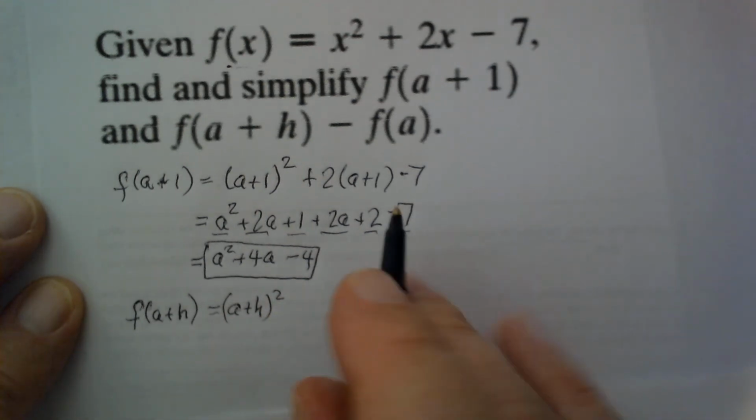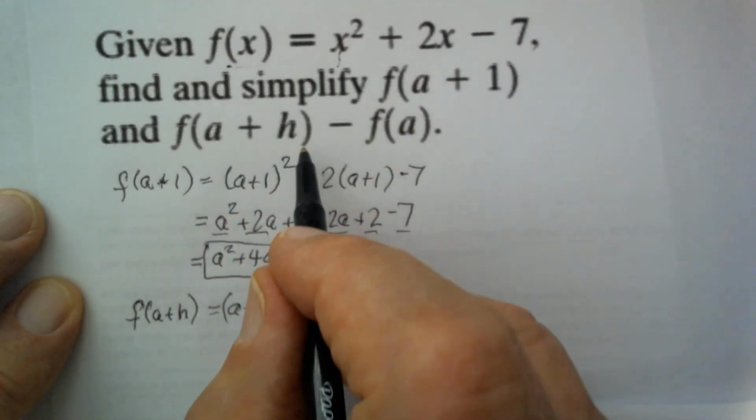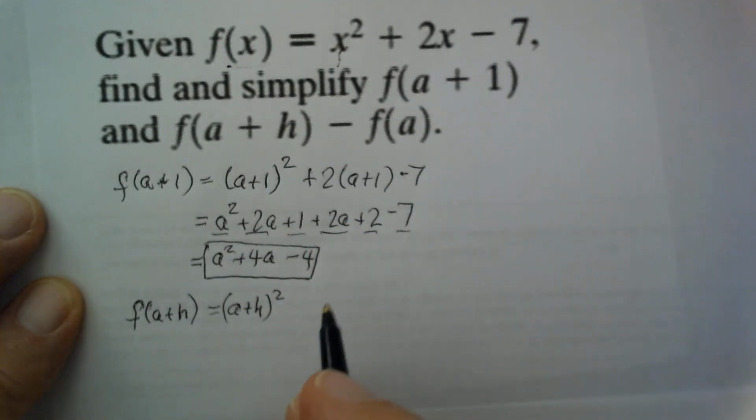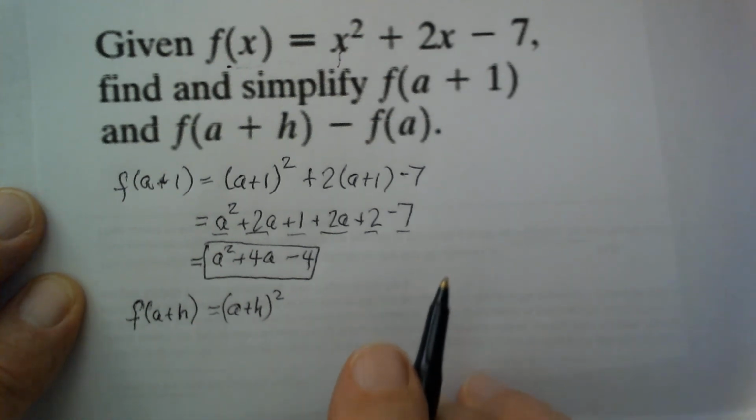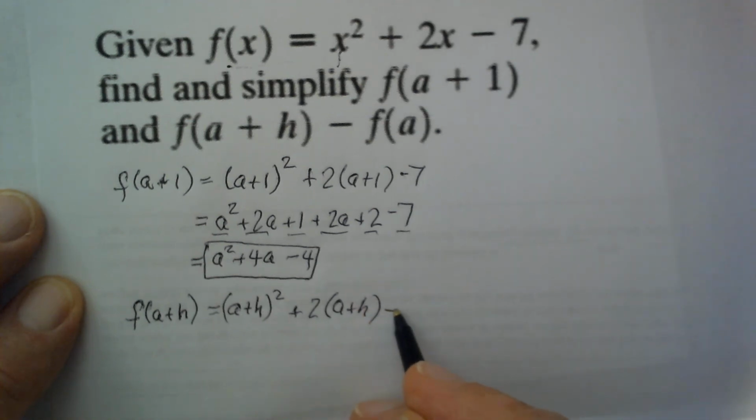Because we're replacing x with a plus h. And then we have plus 2 times x, and x gets replaced with a plus h, minus 7. So now we multiply the a plus h binomial expression and raise that to the second power.